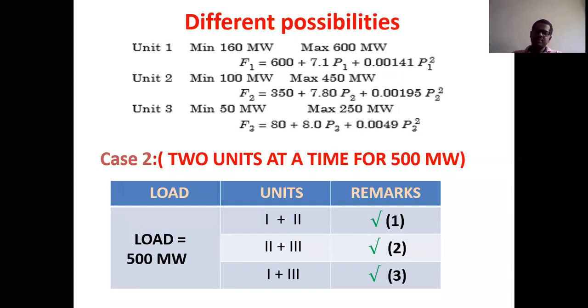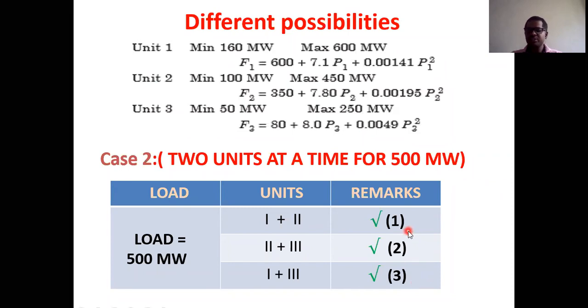Till now we have seen only whether the combination is going to meet the load or not. But coming to the second one, I already mentioned that point, that is, economically or optimally. If you use any one of these combinations, definitely we can meet the load.